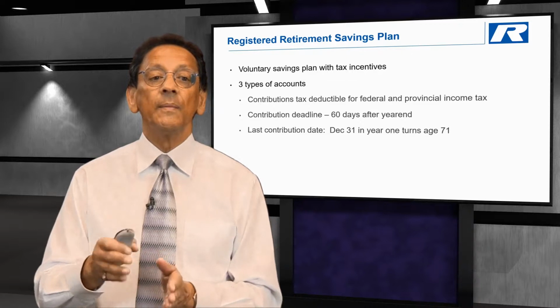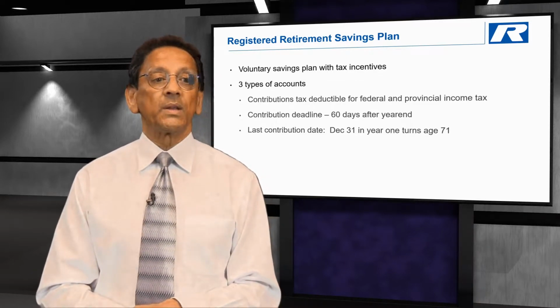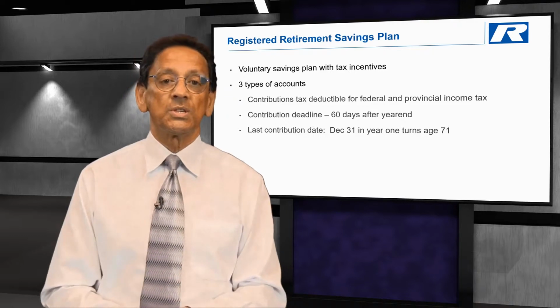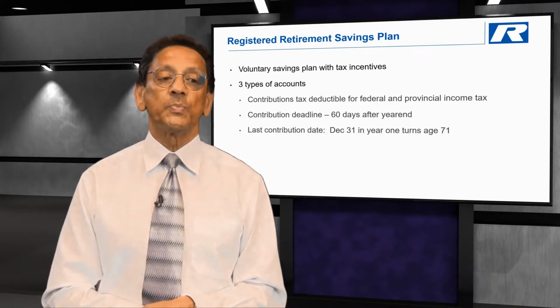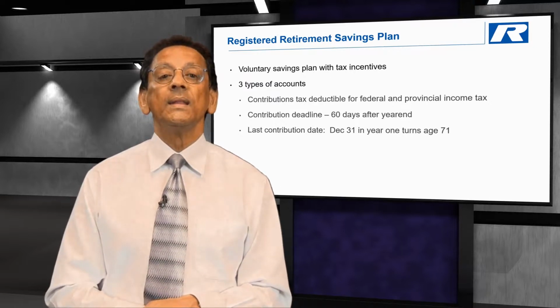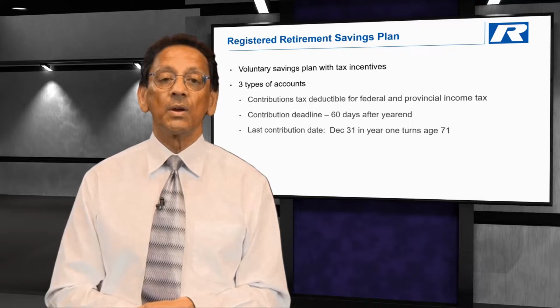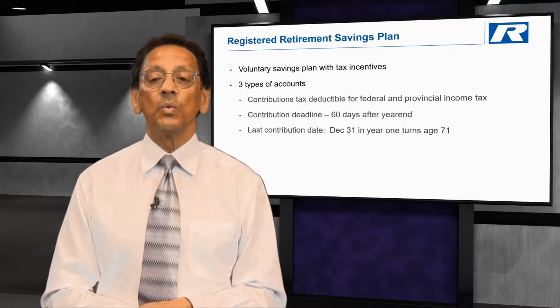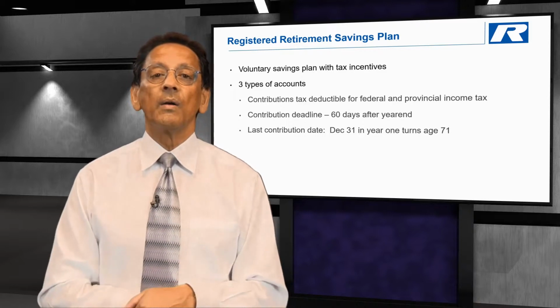With respect to continuing contributions, the last time I can make a contribution to my RSP is December 31st in the year in which I turn age 71. That's the last time I can contribute to an RRSP.